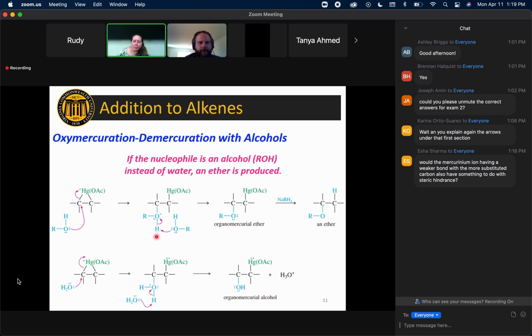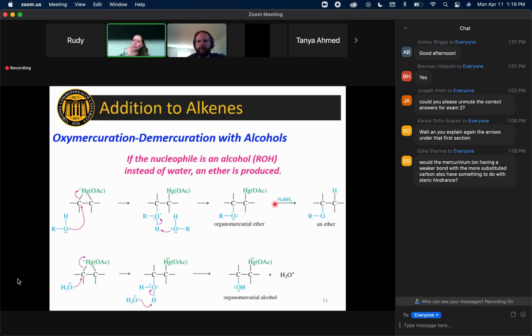And then after we deprotonate, what we're going to get is an organomercurial ether instead of an organomercurial alcohol. So when we do this reaction in water, we end up with an OH as our new bond, because we had H2O. If we do it in alcohol, we're going to end up with OR as our new addition because we did it in HOR.